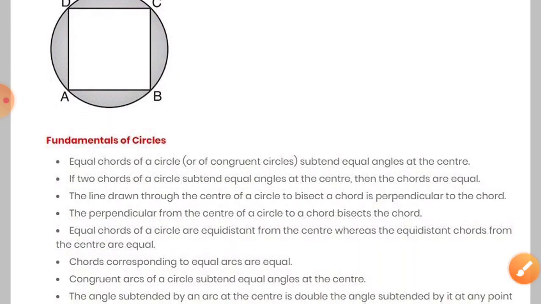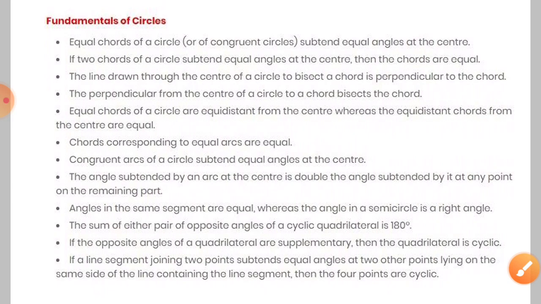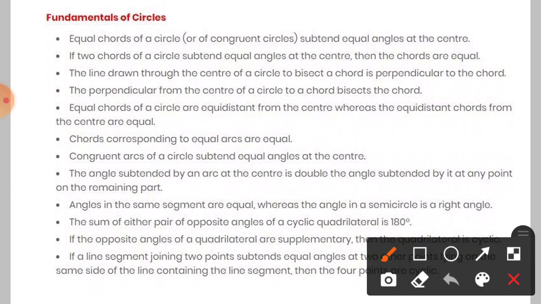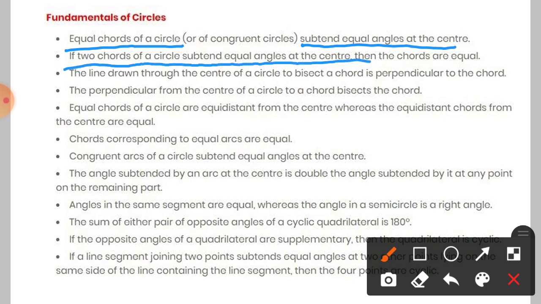Now move on to the next, fundamentals of circles. So these are the properties of the circle. Equal chords of a circle subtend equal angles, correct? Next, if two chords of a circle subtend equal angles, then the chords are equal. These may be your theorems, so we will discuss them in the theorems also.